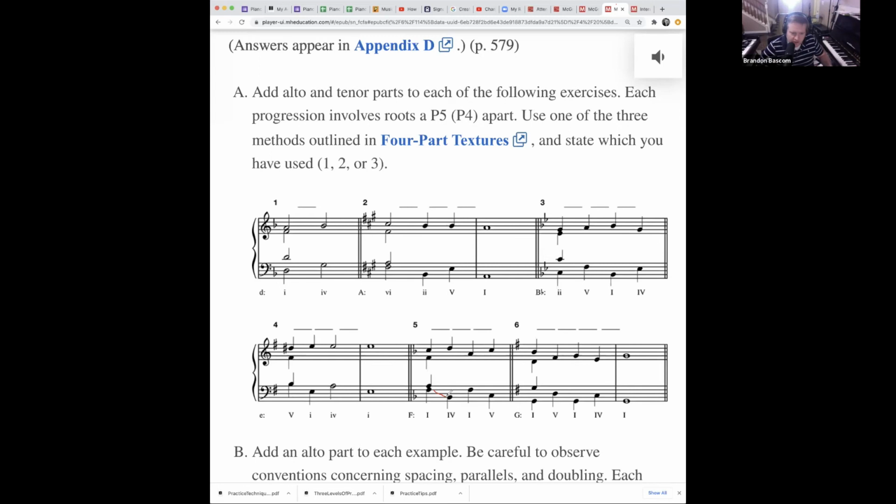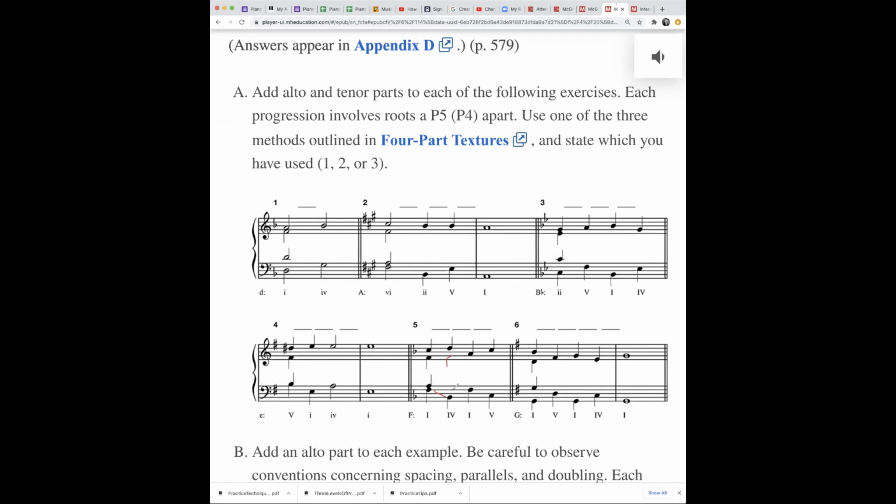Yes, we do. What is it? We have F A C and we have B flat D F. The common tone would be the F. Am I right? Yeah, unless the book says otherwise. So we could keep the F in our alto voice.